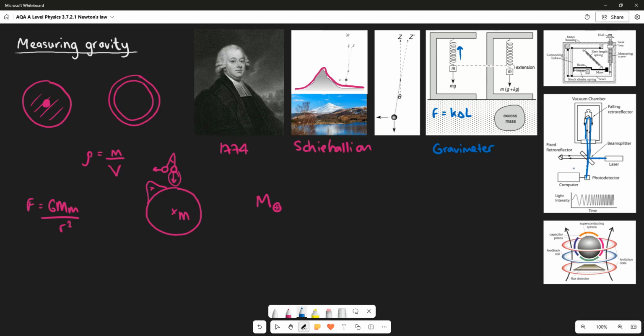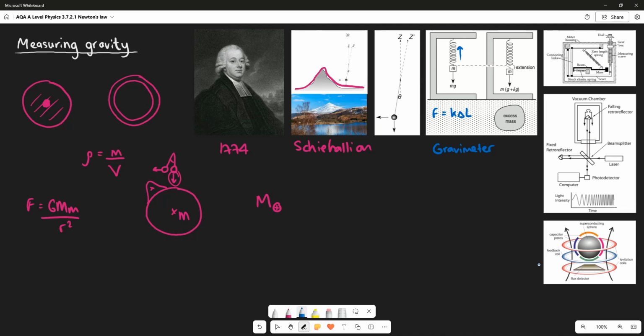Those two rays of light interact and make an interference pattern. As this reflector is falling, this path length changes, and you get a changing interference pattern as time goes by. That can be analysed and used to detect the rate at which it is falling and therefore the value of gravity.